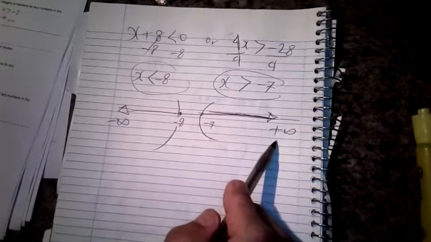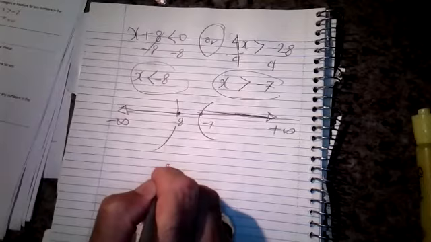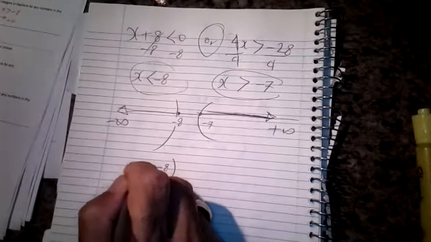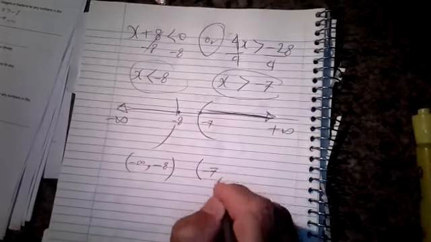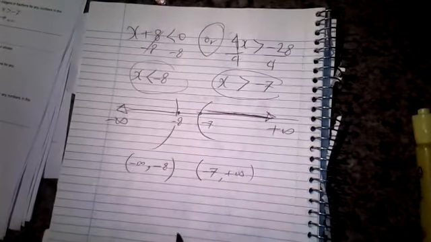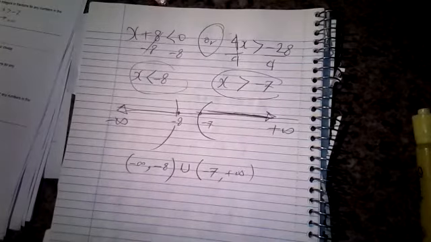So union means you have all this. So you have negative 8, parenthesis, comma, minus infinity, and you have here minus 7 and positive infinity. How do I connect this? Use the symbol of the union, U, to combine and write answers.